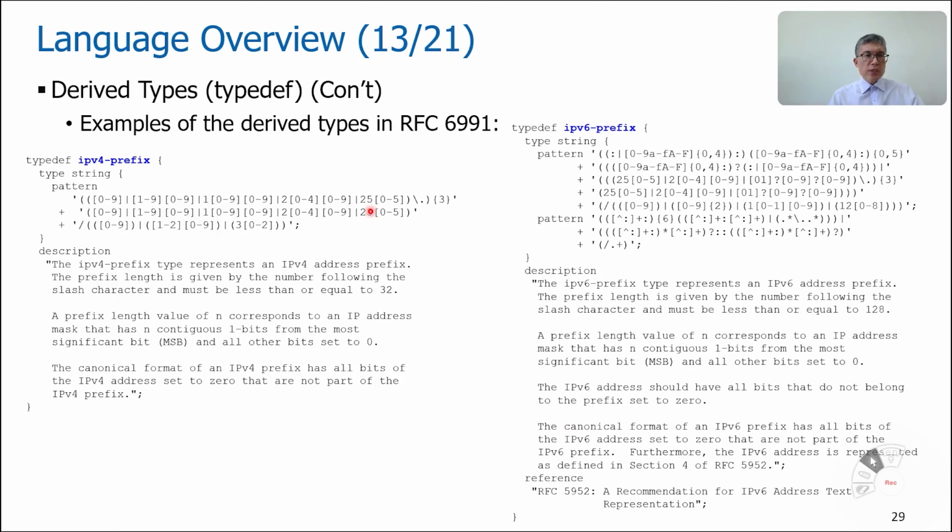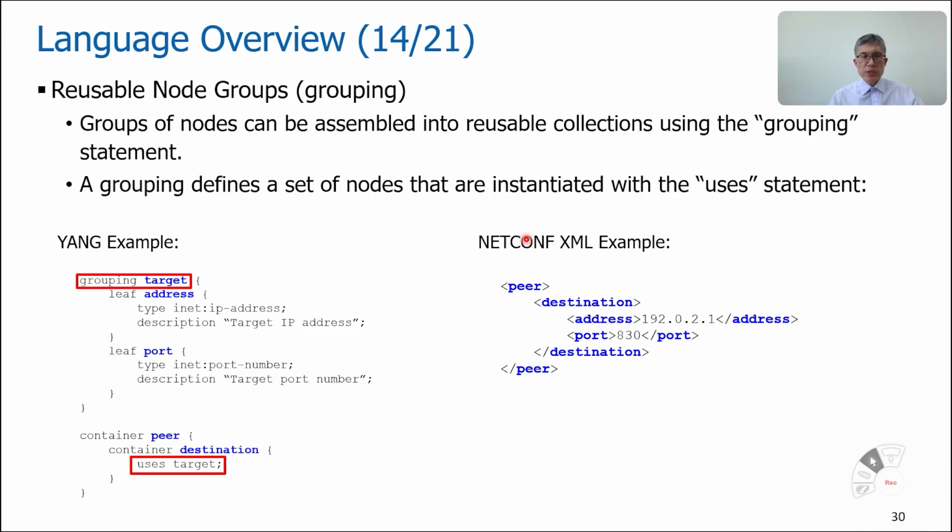So an example is the IP version 4 prefix, a string here using a pattern, a kind of regular expression. The version 6 case we can also define using this kind of pattern as a regular expression.